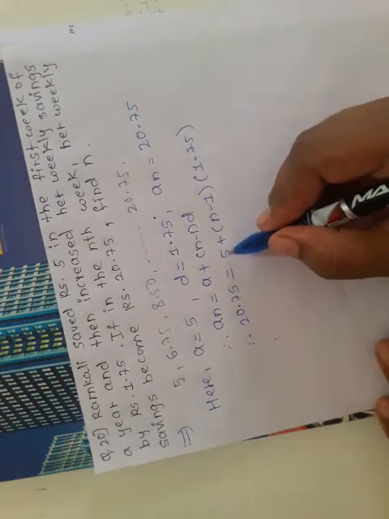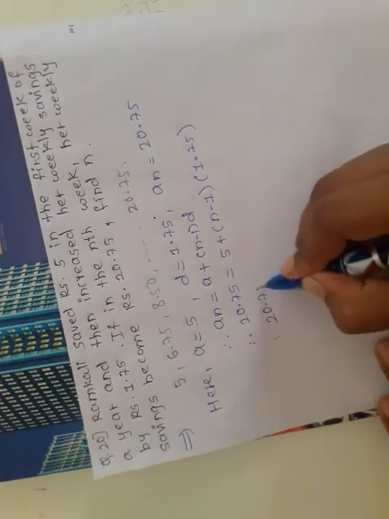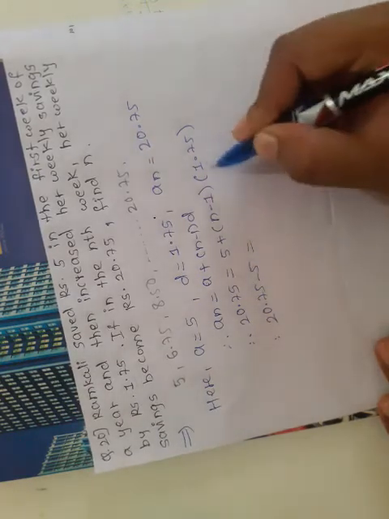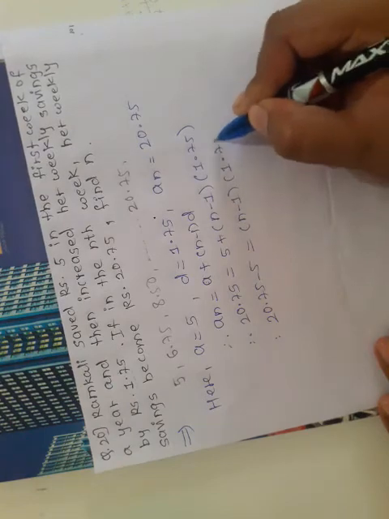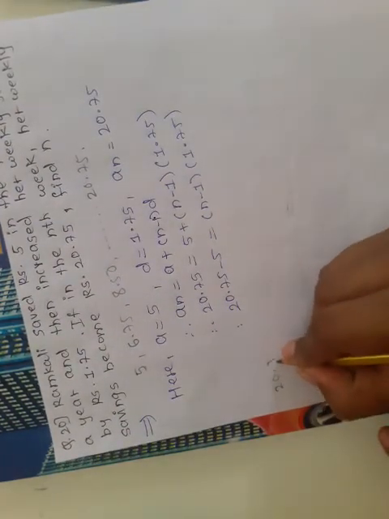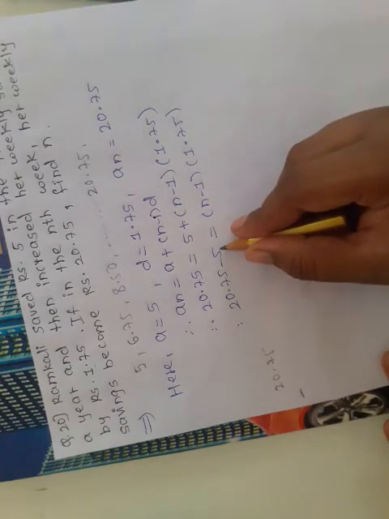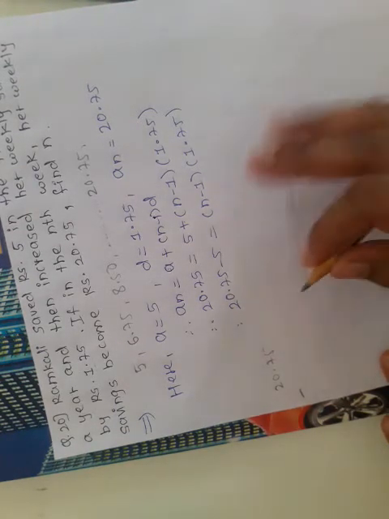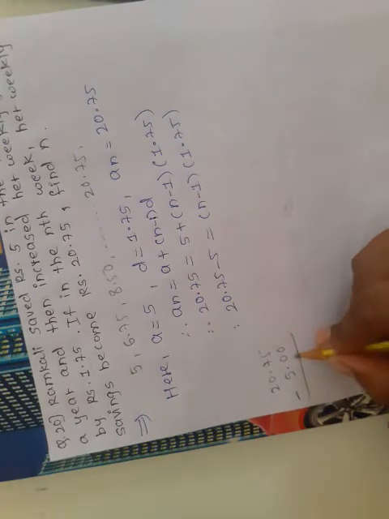Now transpose this 5 to the LHS, it becomes negative. 20.75 minus 5 is equal to n minus 1 into 1.75. Now take this subtraction. After 5 there is a decimal point, and after the decimal point there will be 00, so we can write 5 as 5.00.